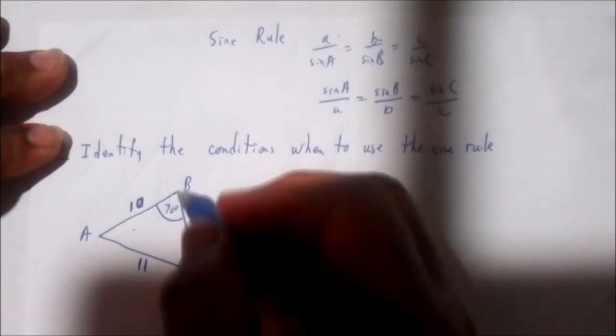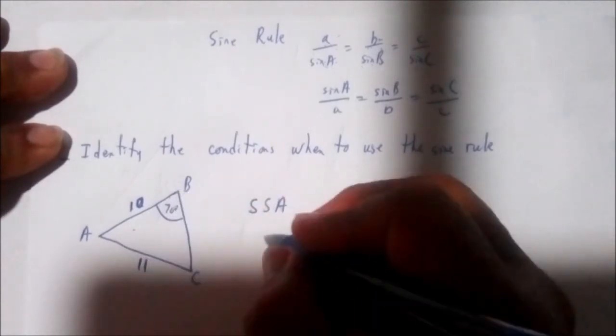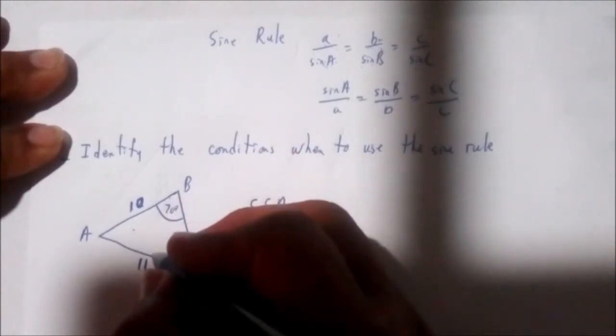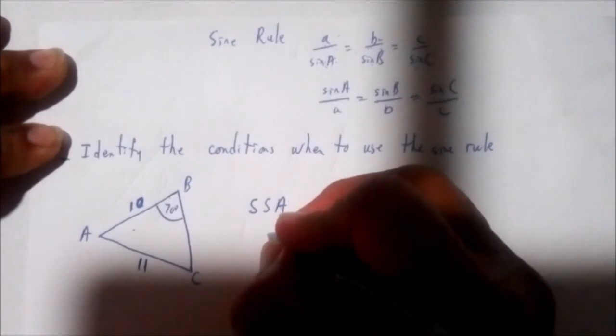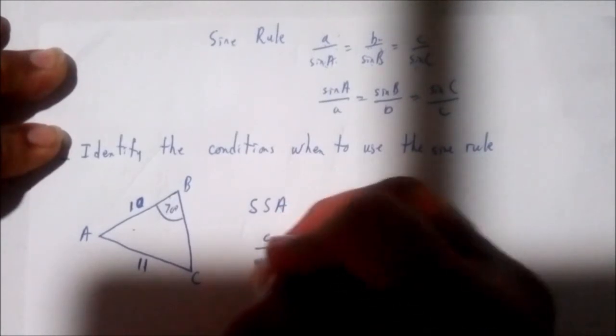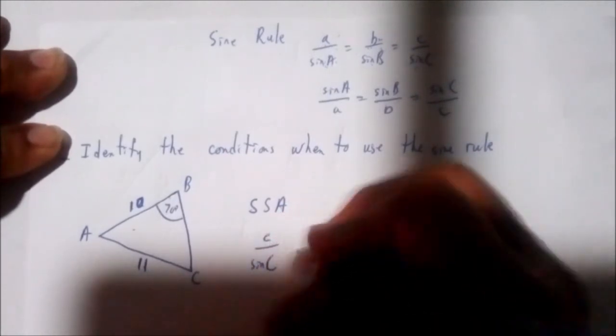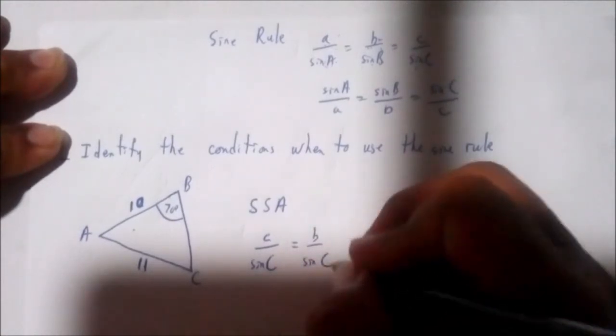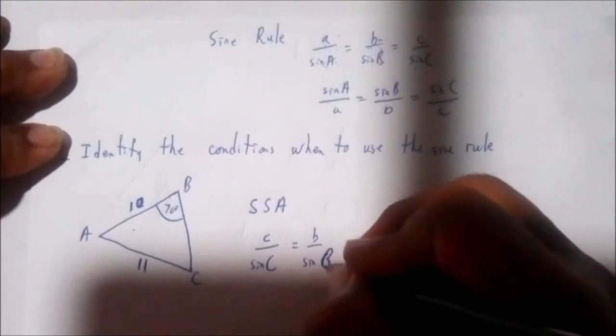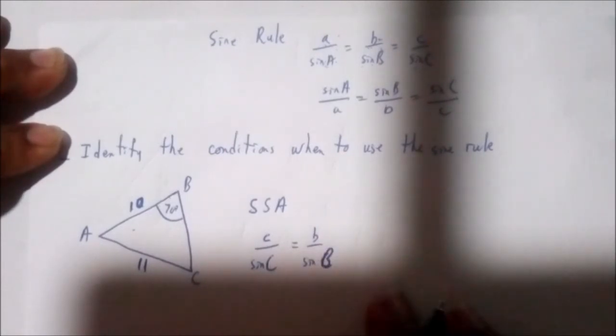So we have here this side. We're going to put here letter b in this case, and then we're going to put c. So we put c over sine C equals b over sine B. Ensure you write the equation first of all, so that you know where you will be substituting.